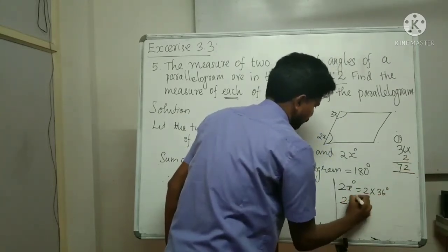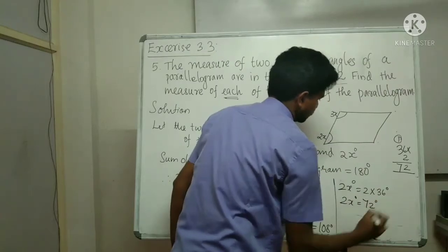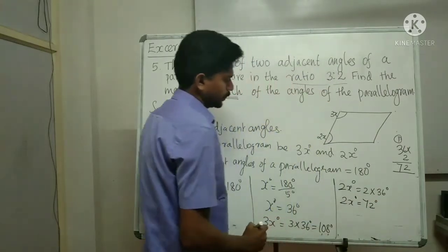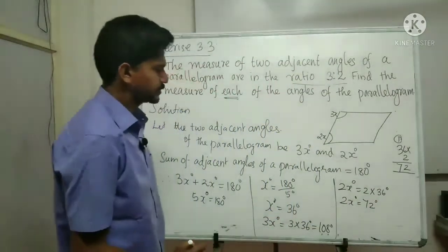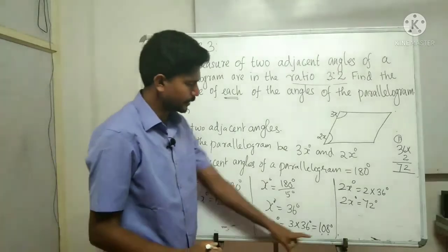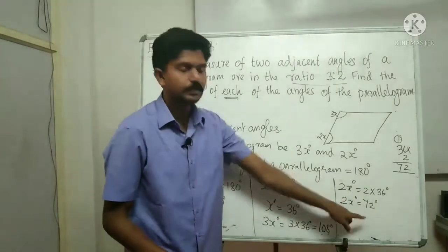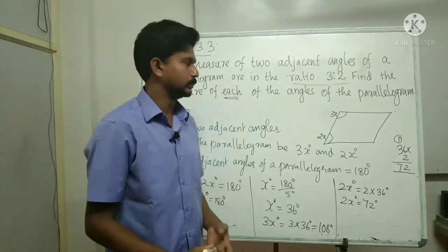So 2x degree is equal to 72 degree. So the angle measures of the parallelogram are 108 and 72.